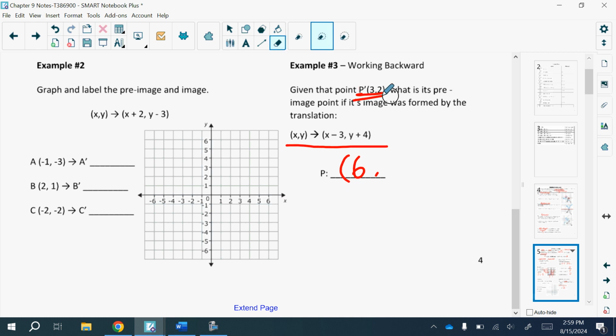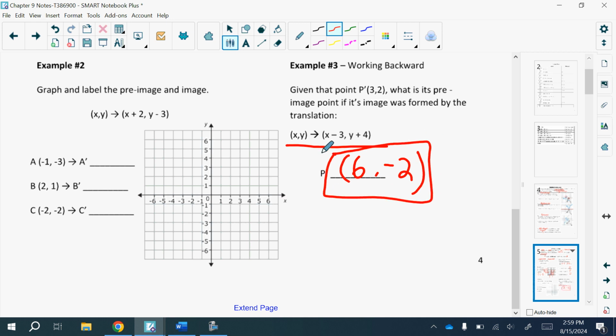Similarly for the y, since we're going backwards, right? If I went up 4, but I want to get back to my original position, well, I got to go down 4. So let's subtract 4 from 2. 2 minus 4 is negative 2. And that's it.